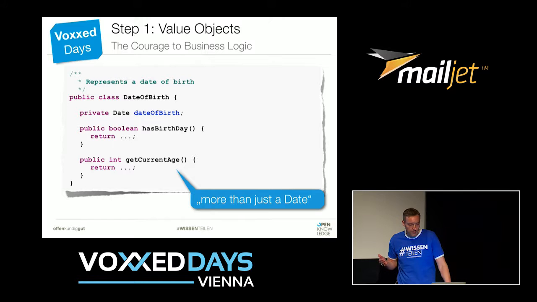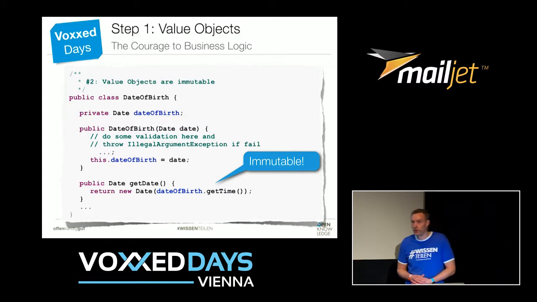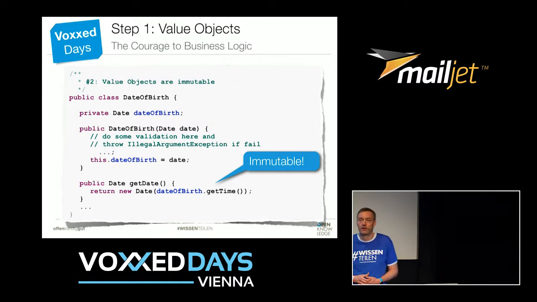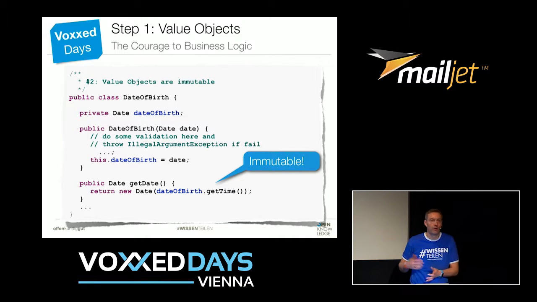Of course, a date of birth has a date inside, but it has also some internal business logic, like has birthday today, or like get current age, or something like this. We can assure immutability via this object. So if I call the get date, I can create a copy of it, a new date, and even if somebody manipulates this date, it will not affect our date of birth this time.